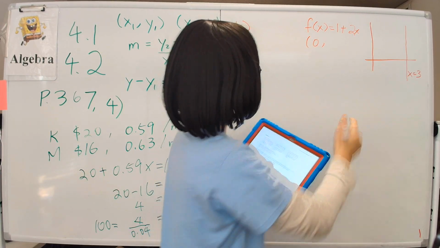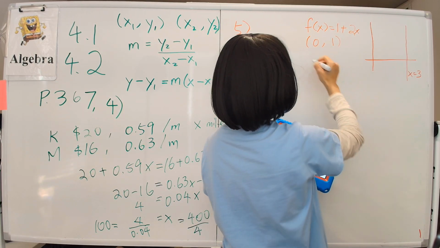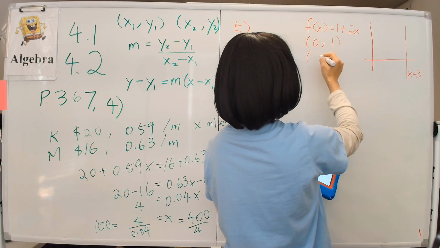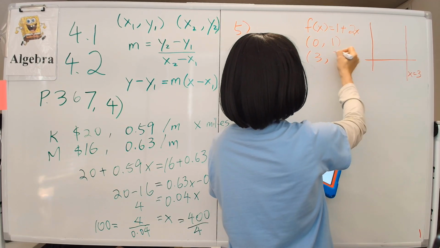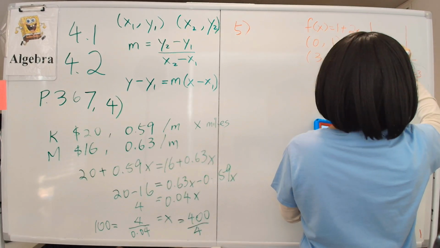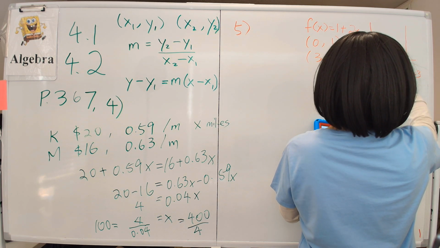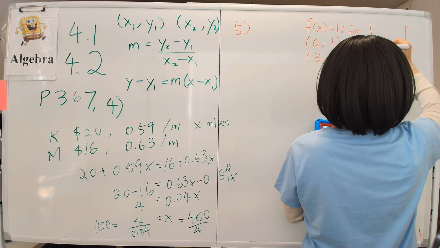Well, if x is 0, then y will be 1, okay? And also, since we have x equal to 3 here, let's ask what happens when x is 3. When x is 3, 2 times 3 is 6, plus 1 is 7. So then the y value is 7. So this line goes from x equal to 0, y equal to 1, right here, all the way to (3, 7). So we'll draw something like that.